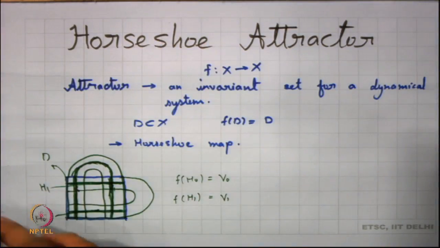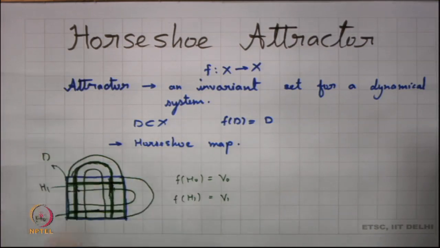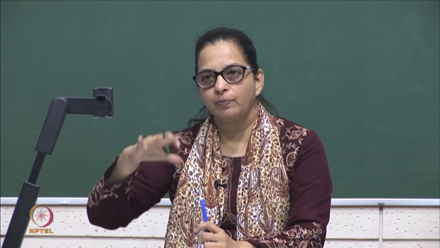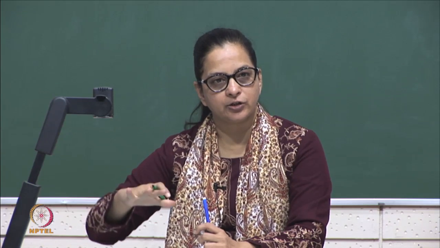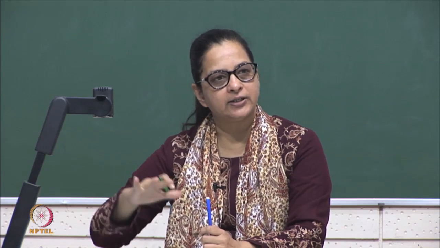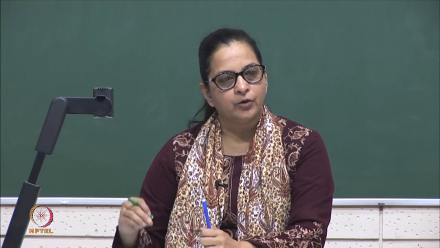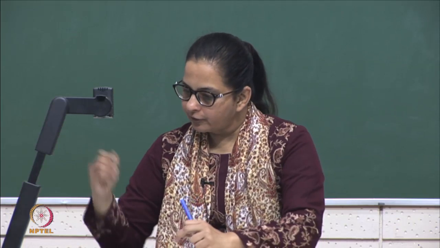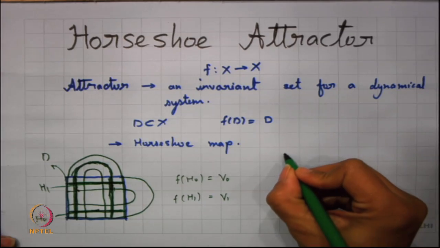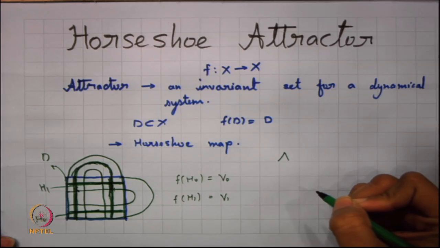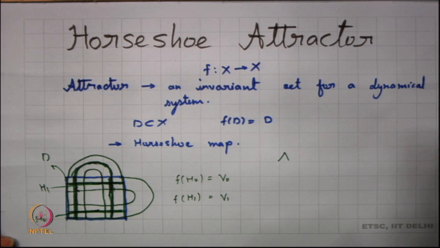We are looking into all those points which remain inside D under all possible iterations of f. So, we are looking into the invariant set of f, and for this invariant set we are interested in the dynamics there. This invariant set Lambda, we call the horseshoe attractor.